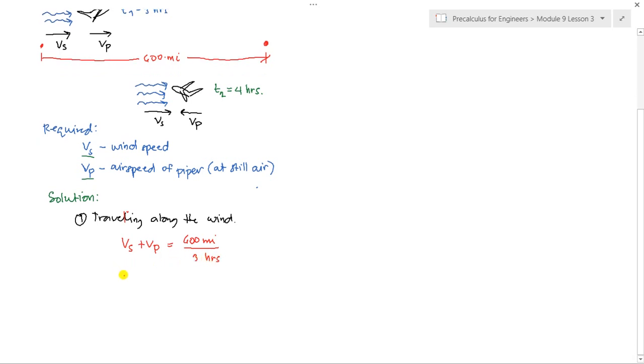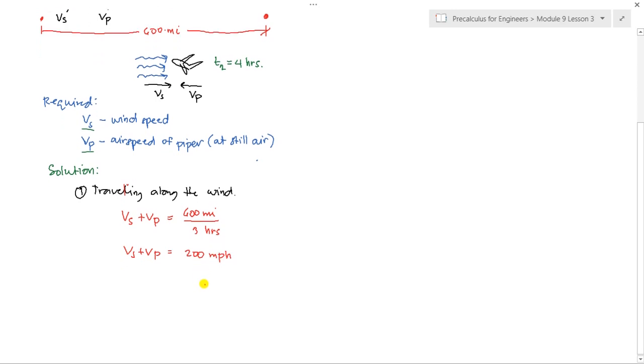To simplify, Vs plus Vp is equal to 600 divided by 3 hours, that is 200 mph. Again, the abbreviation of miles per hour is mph. So we now have our equation 1.